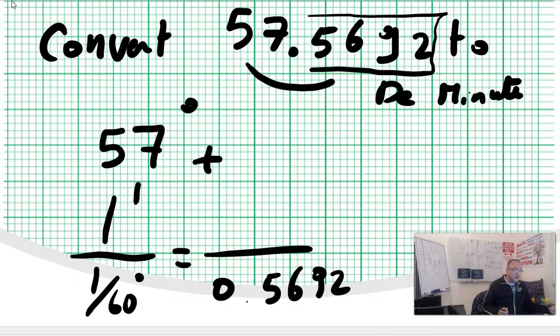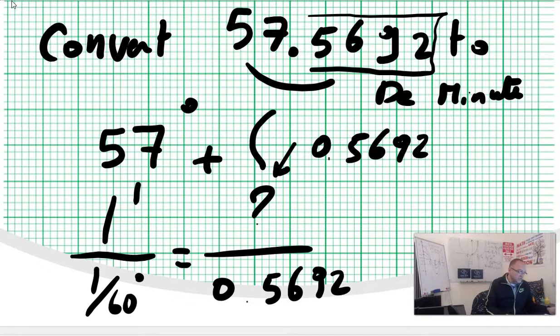In order for me to get the minutes, I do 0.5692 times 1 divided by 1/60. That means times 60. So this is my fourth element: 0.5692 times 60, and that's minutes, the whole thing.